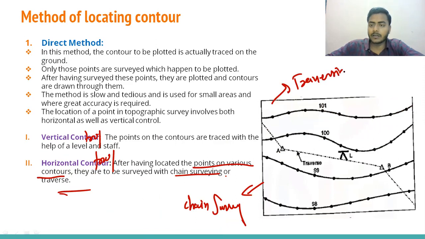We can mark points A and B, then do the traversing, calculating the horizontal distances between these points. That is called horizontal control.